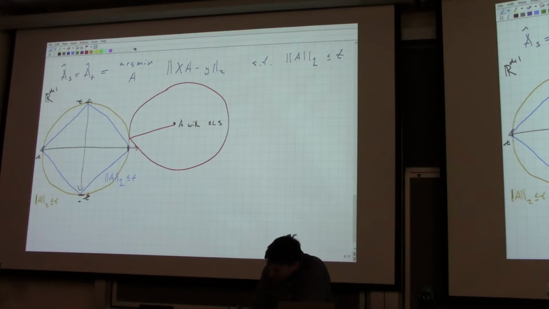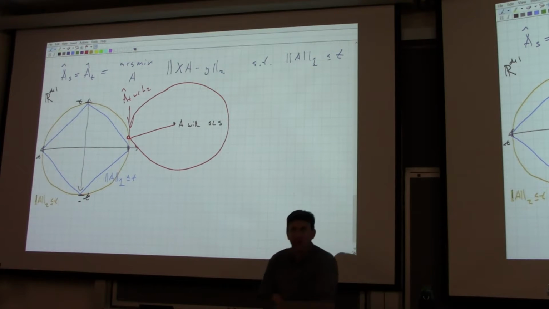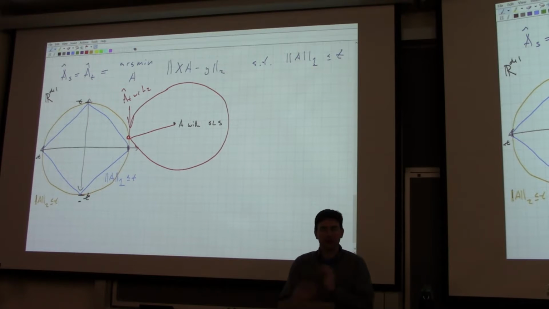My ultimate solution will be here. This is going to be A hat of t with the L2 regularization. What is the solution going to look like with the L1 regularization, the L1 constraint?